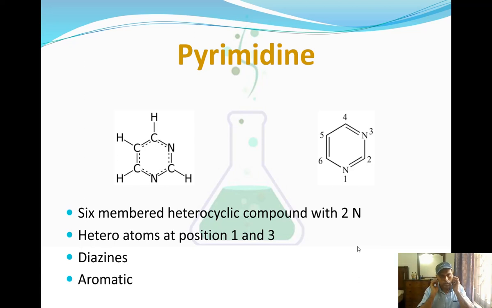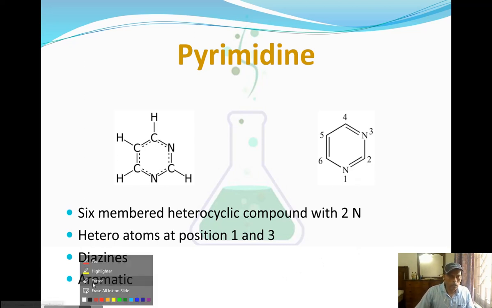Right, as you can see on the screen, pyrimidine is a six-membered heterocyclic compound with two nitrogen atoms as heteroatoms. Those nitrogen atoms are at position 1 and position 3.